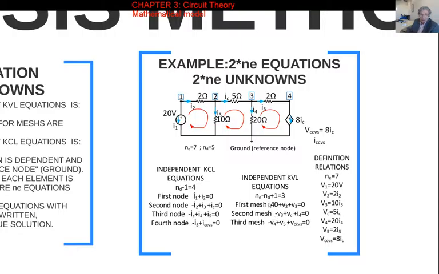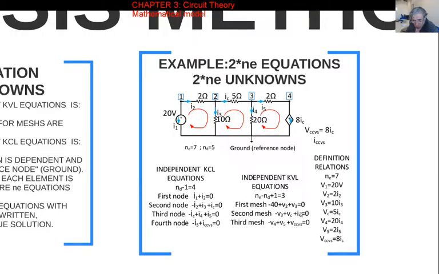For the second mesh we're going to write this equation. So the addition of the voltages of the 5 ohm, 20 ohm, and 10 ohm is going to be equal to 0. What's going to be the sign of these voltages? If the mesh direction and element current direction are the same, plus. If opposite, minus. So it is written here.